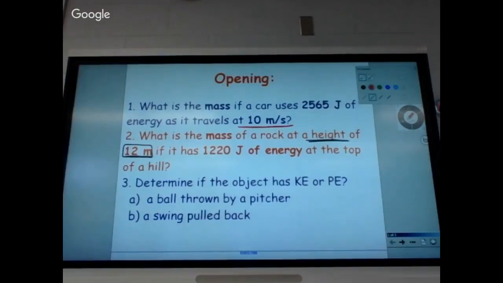Where's the flag? It's already at the top. If it's at the top flying, that's potential energy. But if you're physically raising it and it's moving up the pole, that's kinetic. You see the difference? Okay.